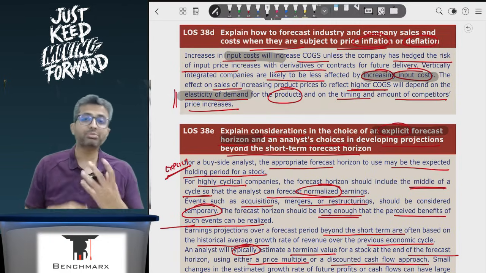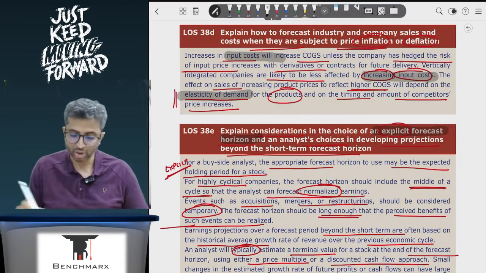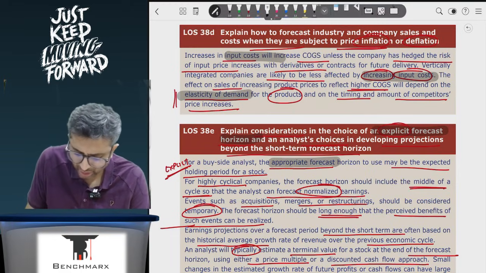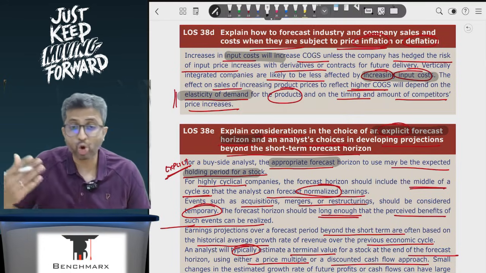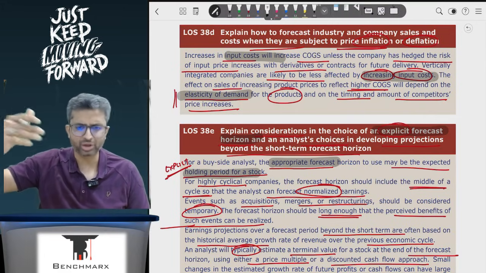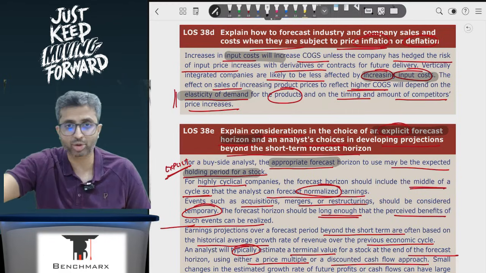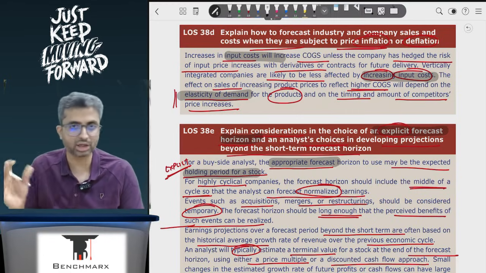That terminal value can be calculated using a multiple, or using a discounted cash flow. However, you will usually try to forecast for your holding period. However, if your holding period is long and you cannot reliably forecast, then you can forecast to the extent it is possible.